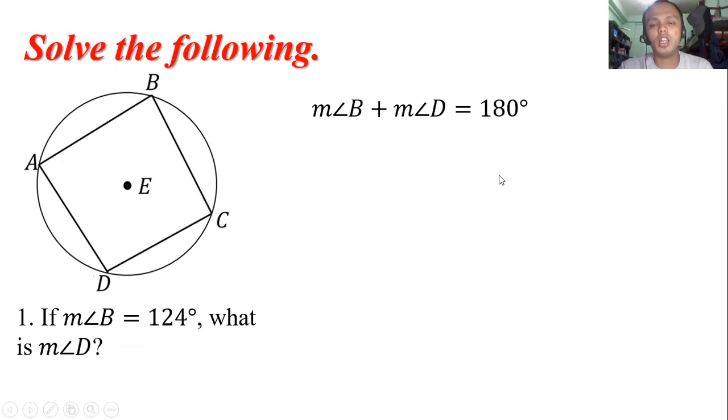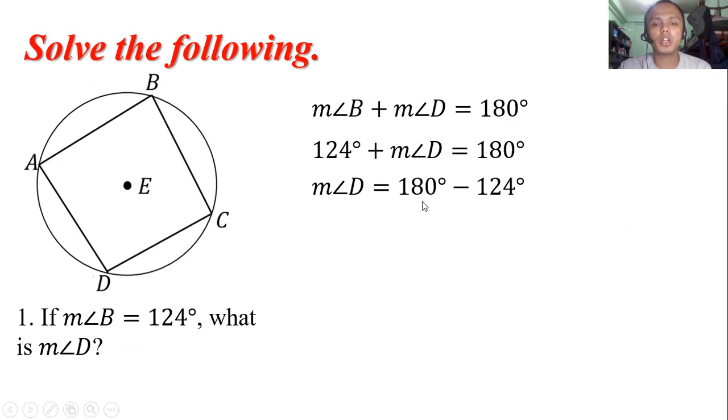Again, cyclic quadrilateral theorem, opposite angles are supplementary. Okay? Now, substitute your B to 124, then transpose it to the other side. 180 minus 124 is equal to 56 degrees for your D. Okay?